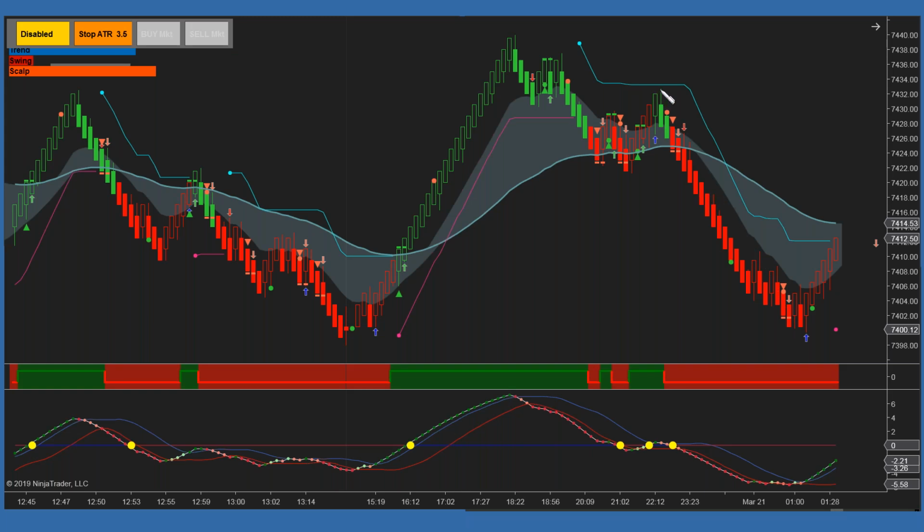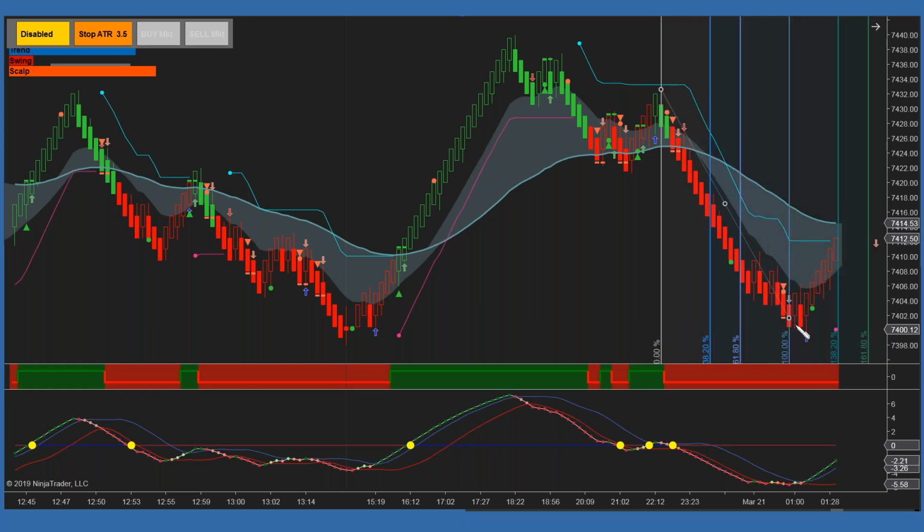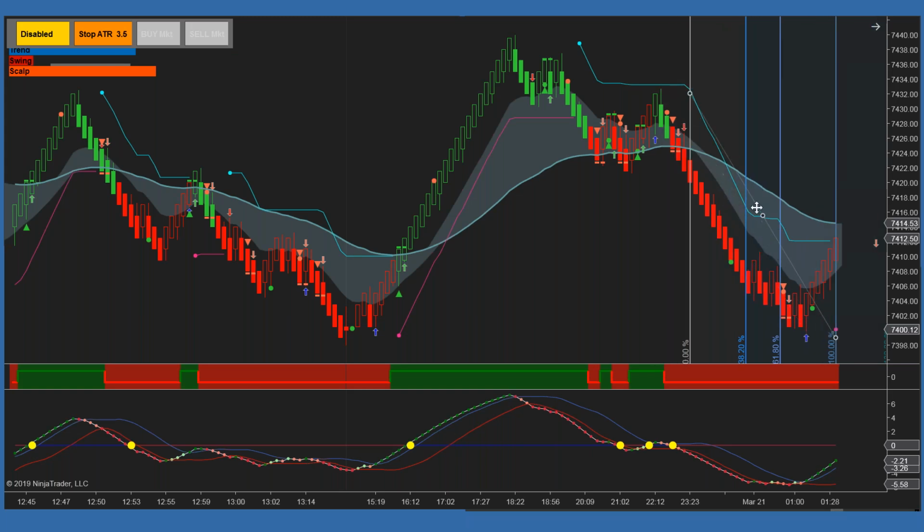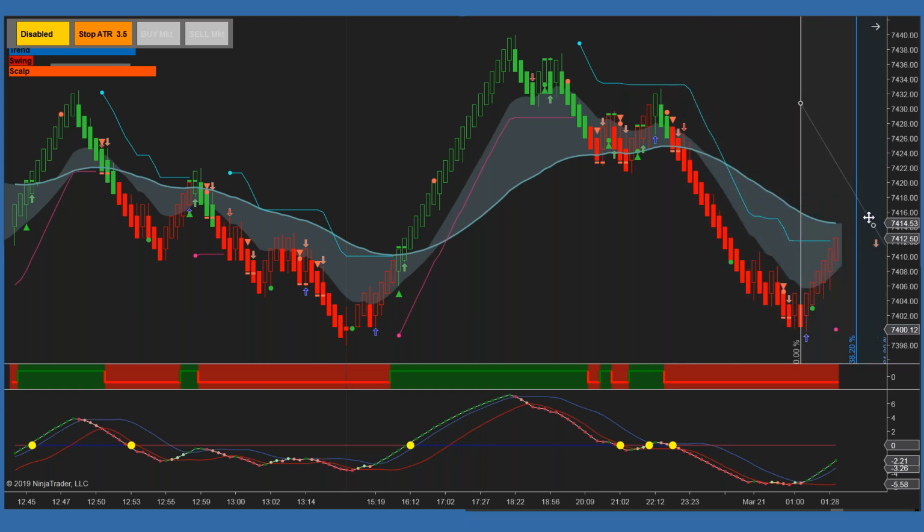So let me get my fib time zone tool here. I'll draw it from here to here. Now I'm going to move it to the end of the trend. So my trend extending from here to here.